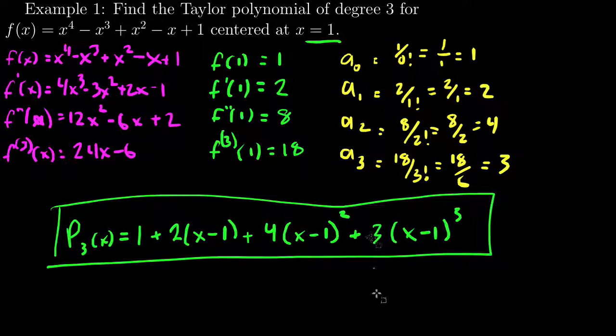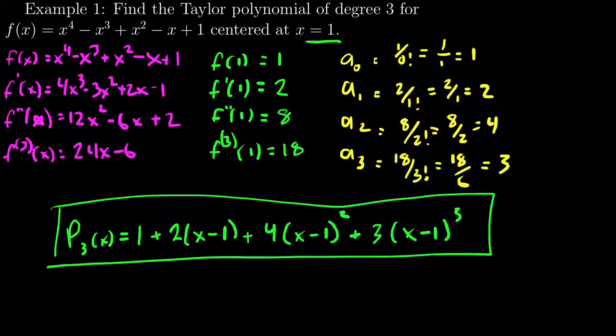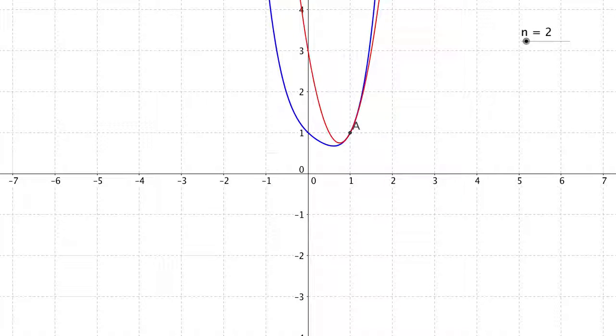I'm going to add the 4 times (x minus 1) squared term next, so if I add this in, now it's a quadratic, and you can see we had that in there, and finally I will add in the 3 times (x minus 1) cubed term. And that gives us a cubic.